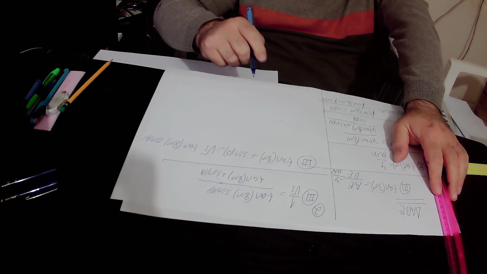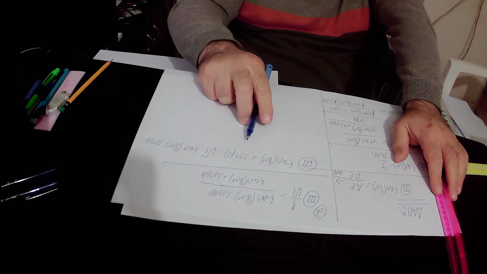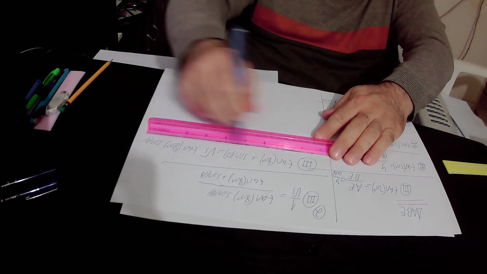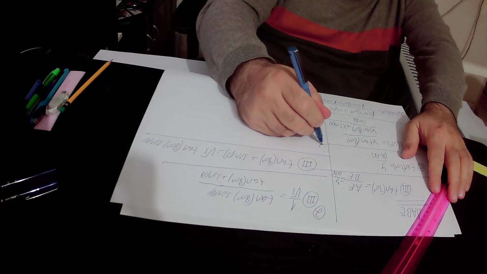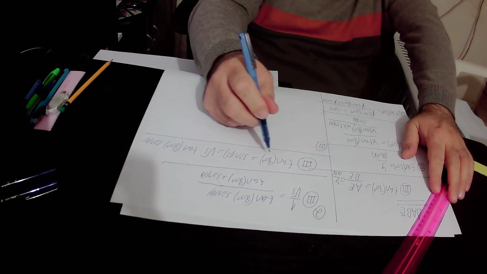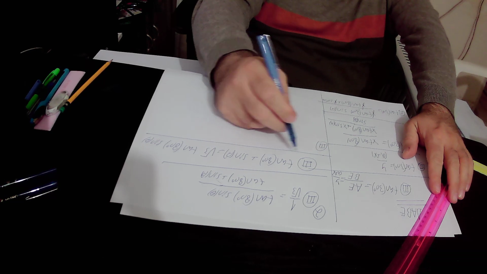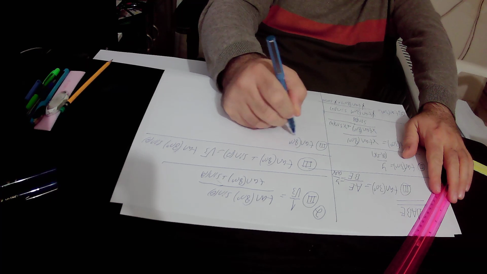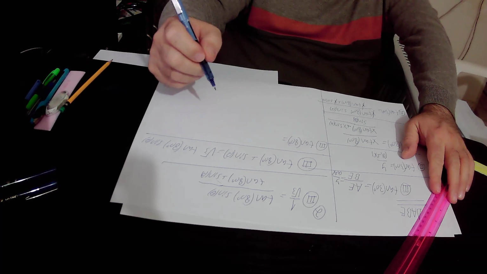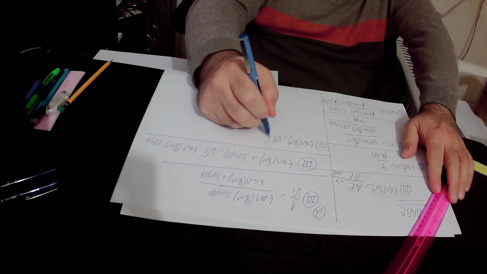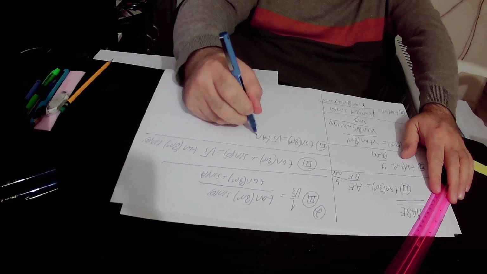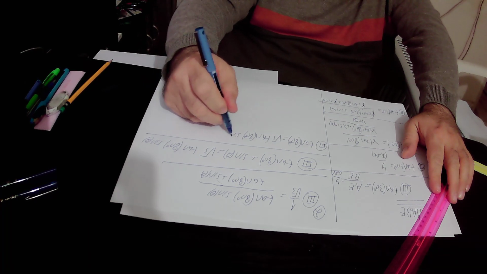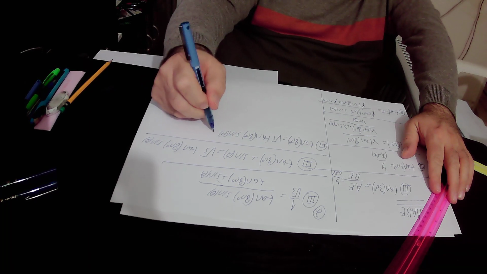Here we will subtract sine theta from this equation, and we will get that on this side we are left with tangent 80 degrees, which equals square root of 3 times tangent 80 degrees times sine theta minus sine theta.